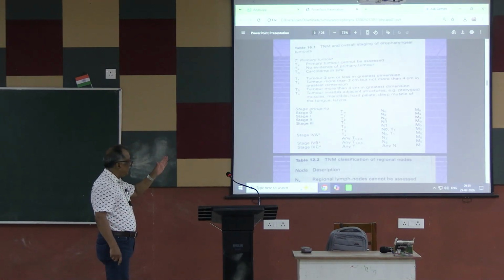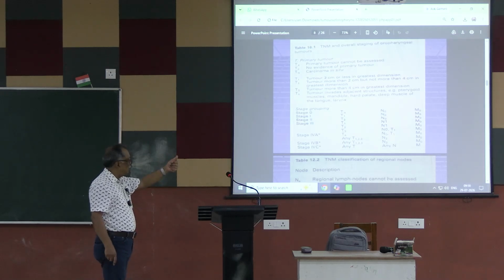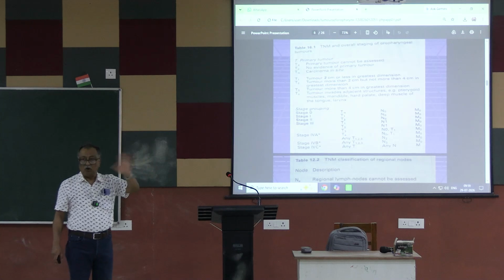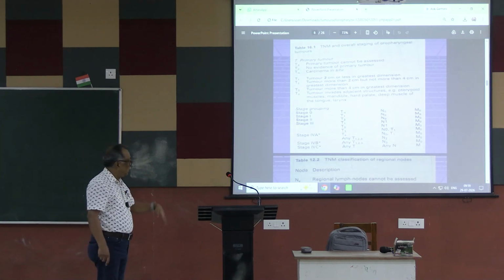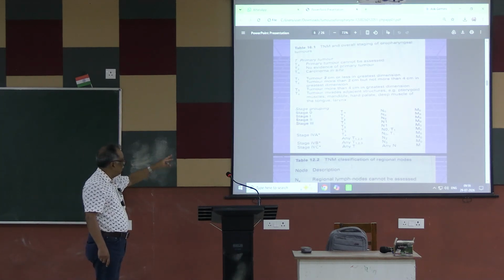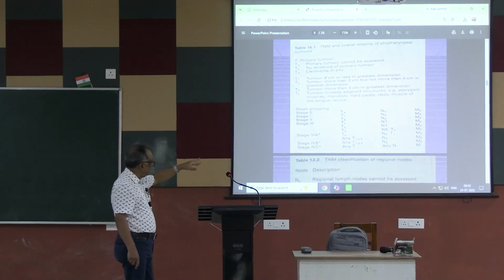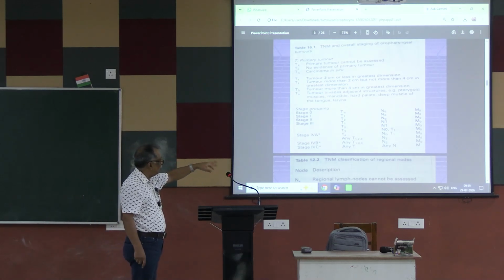Now, staging depends upon the distant metastasis, M0 and M1, present or not. That is M0, N1. And according to the staging, stage 3 is always with lymph node, T1, T2, T3 all with lymph node N1.